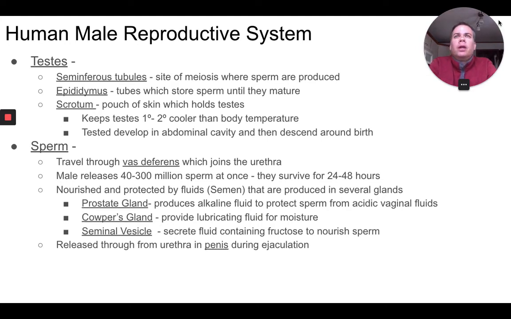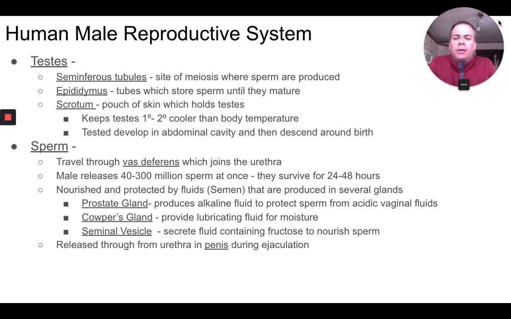So the structures and organs and systems that mammals and humans have allow for that process to take place, allow for the sperm cell to fertilize the egg cell, and then allow for the development of that offspring. So the male reproductive system is adapted to basically delivering sperm cells into the female reproductive tract.